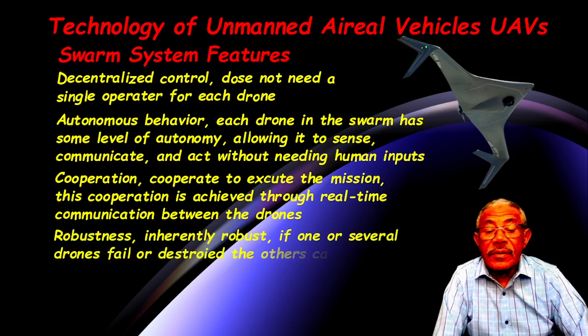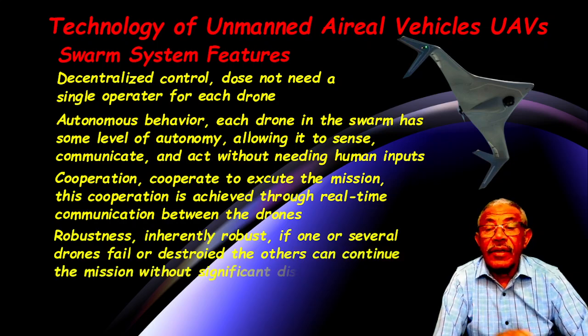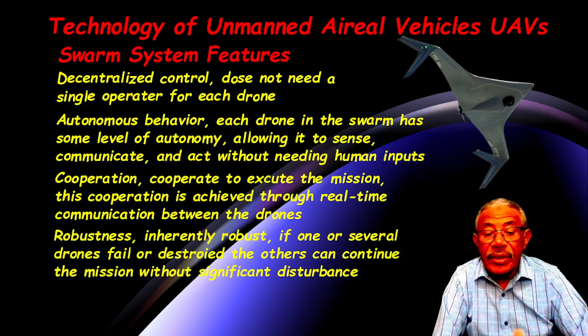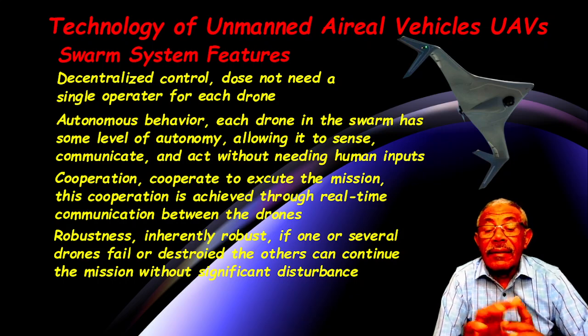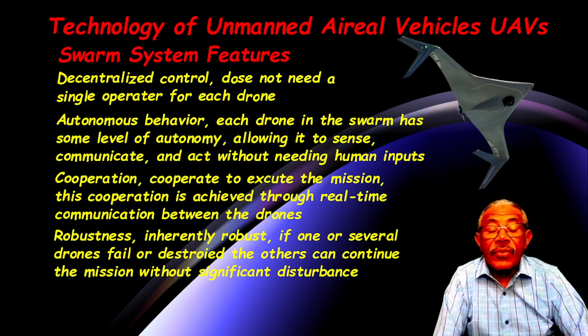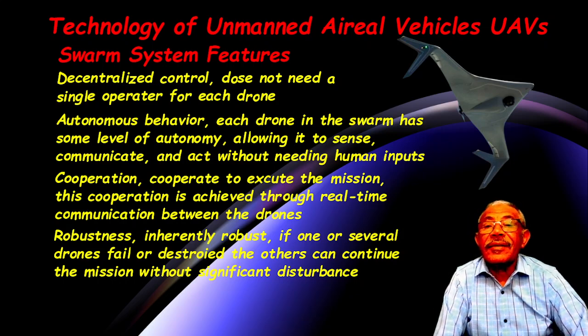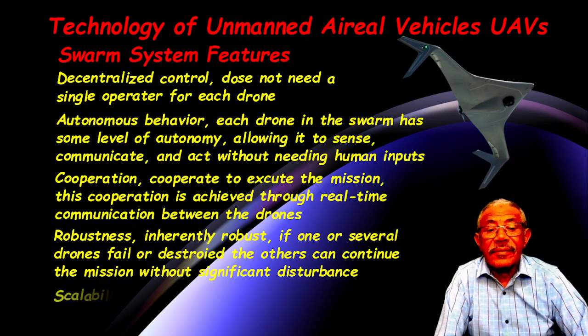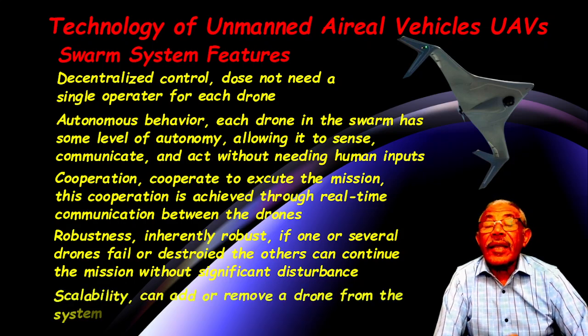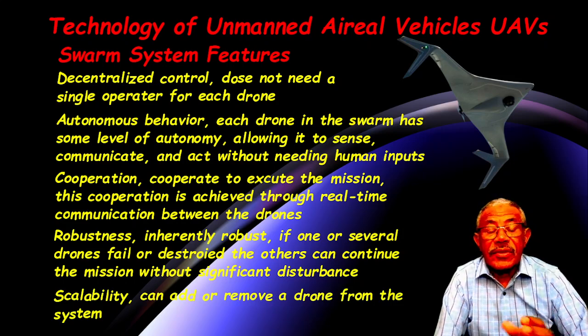Inherently robust. If one or several drones fail or are destroyed, the others can continue the mission without any significant disturbance. Can add or remove a drone from the system.